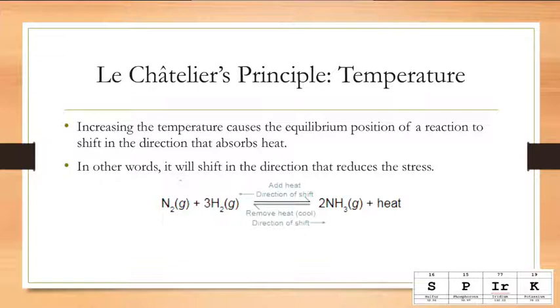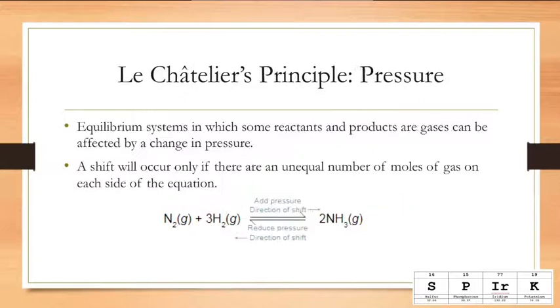Increasing the temperature causes the equilibrium position of a reaction to shift in the direction that absorbs heat. In other words, it will shift in the direction that reduces the stress. So if we were to heat this reaction, so add more heat, it would push the equilibrium to the left, because heat is a product, so heat is here.